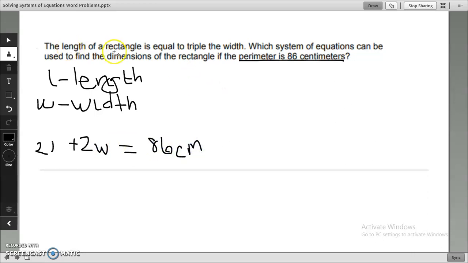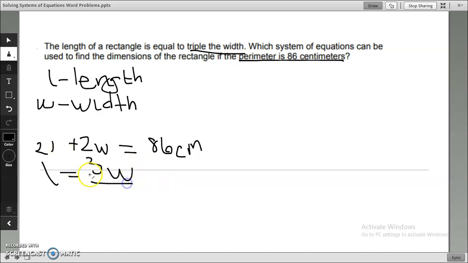All right, it says the length is equal to triple the width. So the length is 3 times the width. It does not ask me to solve, but guess what I want to do? I want to solve this thing. So I'm going to take what I have here. It says L is equal to 3W. I'm going to substitute it in.